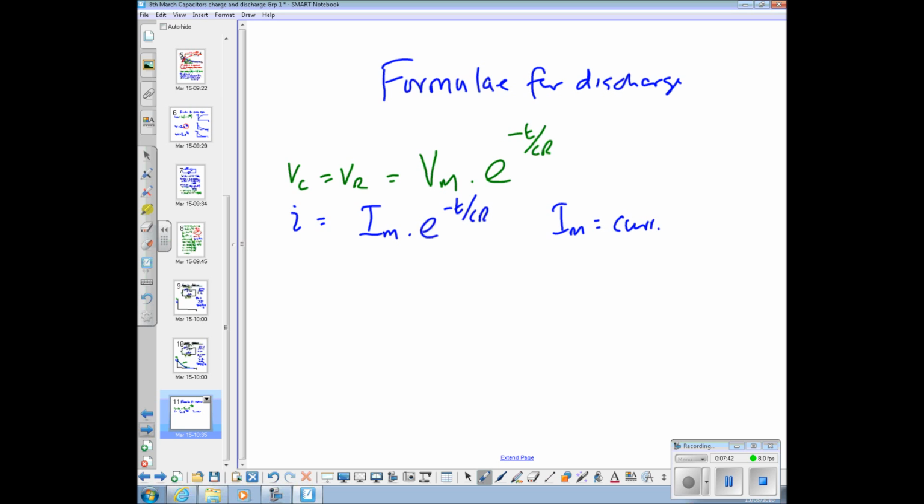Im equals current at t equals 0. Vm equals in this case VC at t equals 0. Yeah.